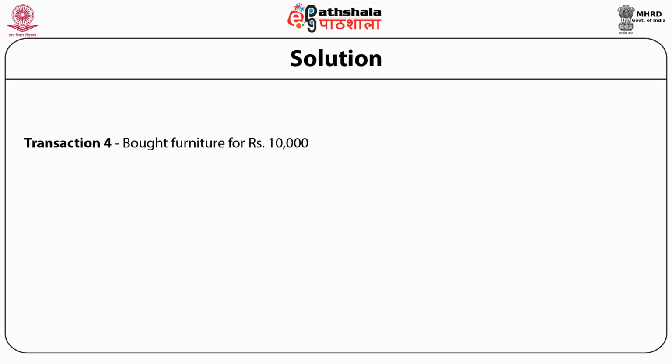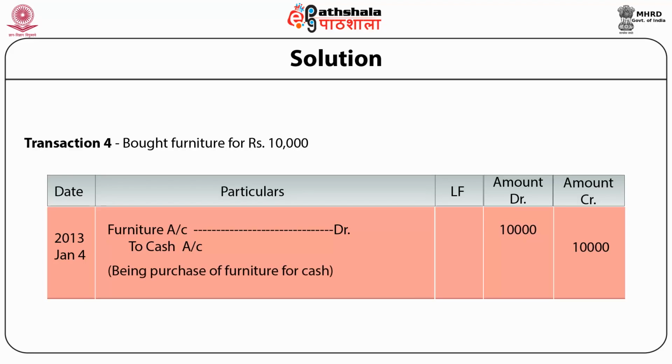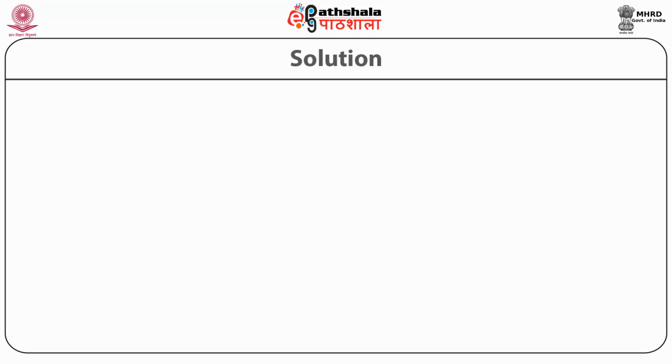The furniture is coming, which is to be debited, and what is going out of the business is the cash. So the transaction is furniture account debit to cash account, the amount would be 10,000 and 10,000, and we will close the entry by writing the narration: being purchase of furniture for cash.